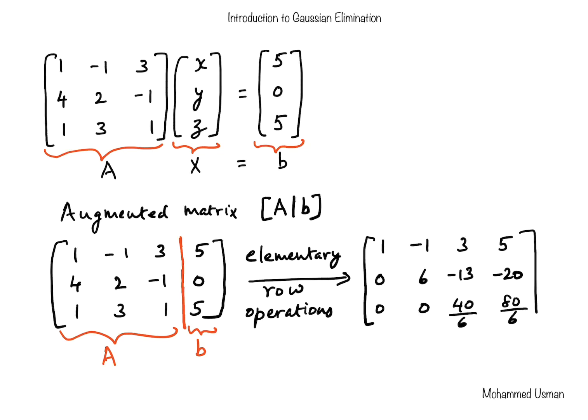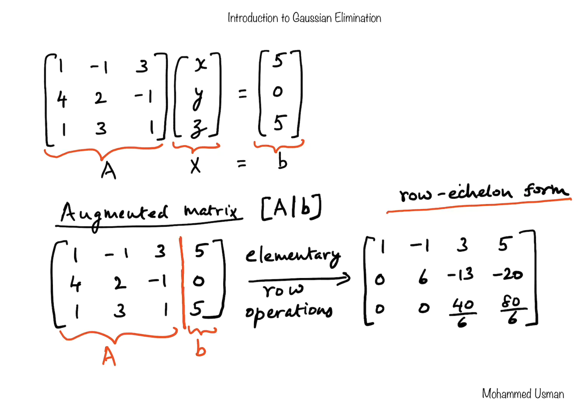So at the end of these row operations, we get another matrix which we call the row-echelon matrix. This matrix on the right hand side is called the row-echelon form of the original matrix. The original augmented matrix represents the original set of equations, and after performing some row operations, we get another matrix which we call the row-echelon form.